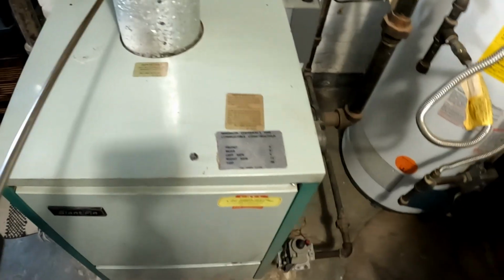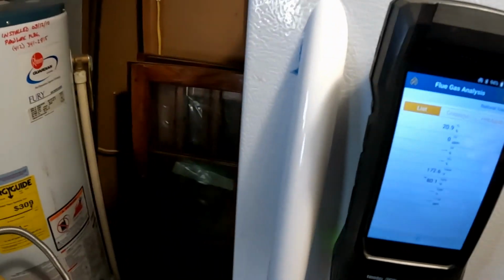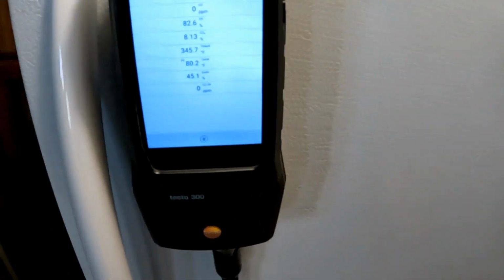So we're going to attach this to the refrigerator because we got enough hose. So we're going to put this back in. And as you can see, the numbers will start to change. So we started off at 6.